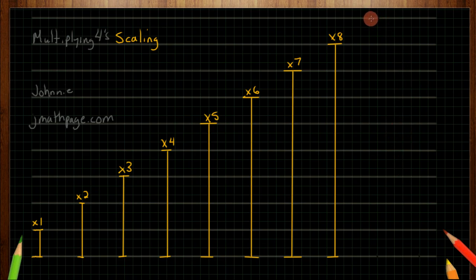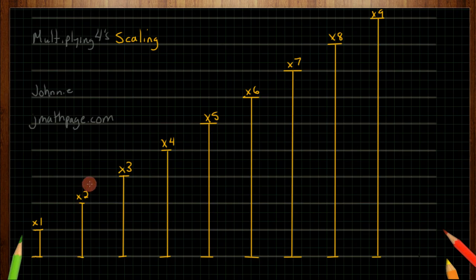Let's start way up here, counting down 1, 2, 3, 4, 5, 6, 7, 8, 9 measures tall. So this one is 9 times taller than the first one. So that's what scaling's about, making things go bigger, but we can also think about it making things go smaller, so shrinking. So growing or shrinking.